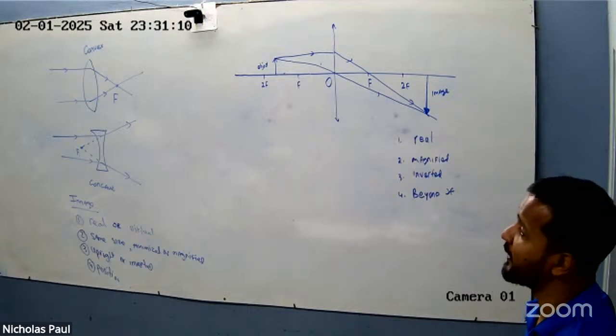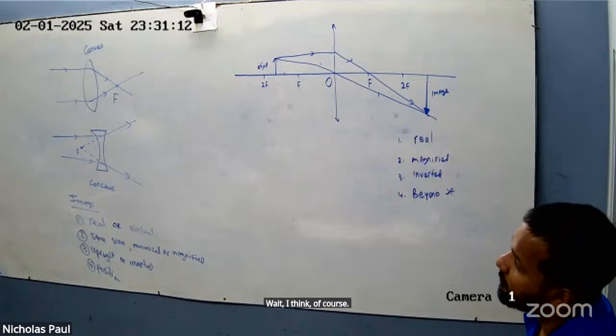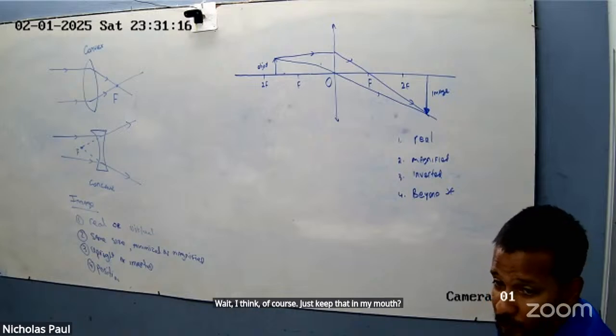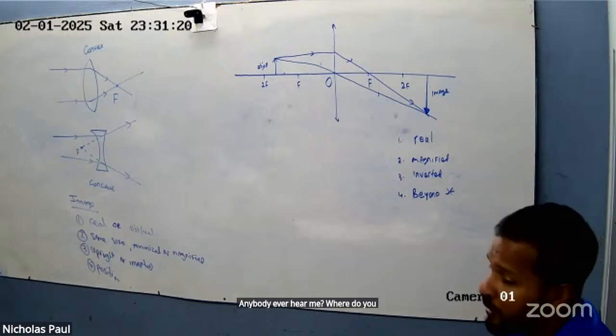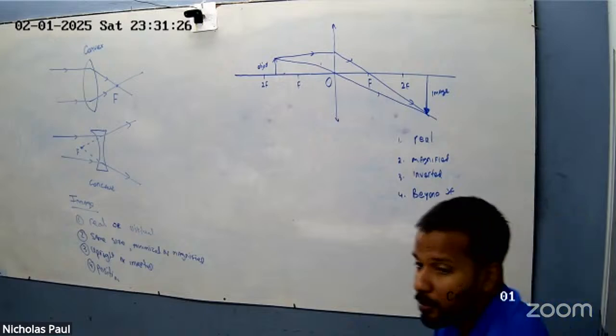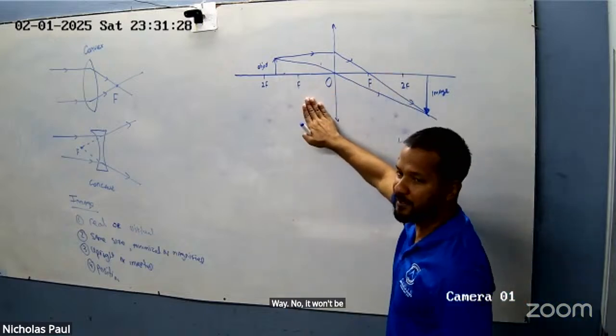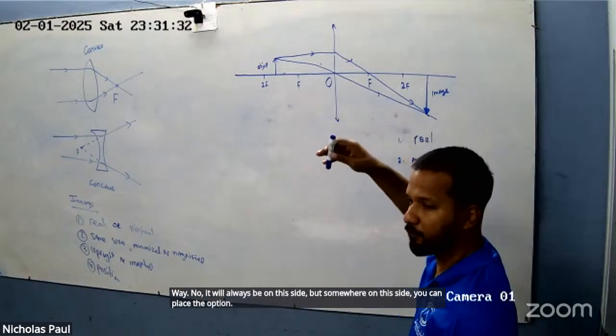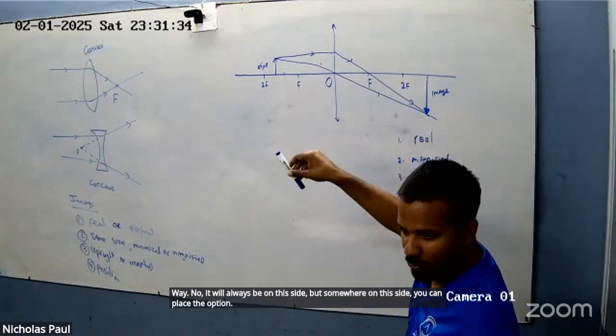You can remember? Anybody remember, Timmy? Where do you put the object for it to be virtual? No, it won't be. It will always be on this side, but somewhere on this side you can place the object.